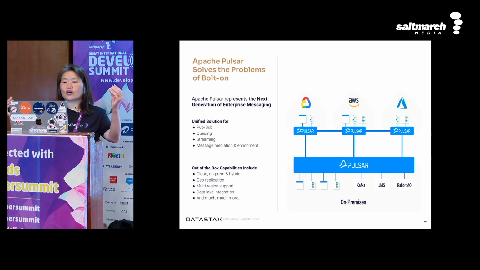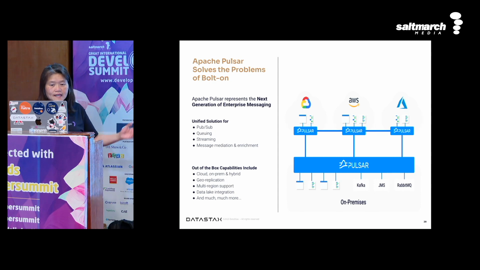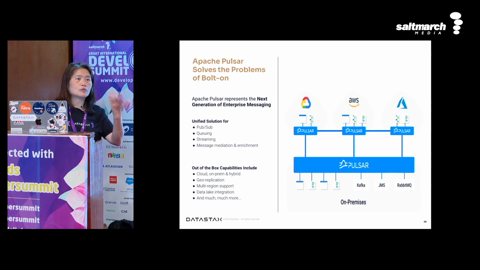In that case, you turn Pulsar into a queuing capability too. And then of course you use it for streaming. And if you want to transform data or messages that come through, like enriching your messages as I mentioned, you can use Pulsar functions to do it without any external library.